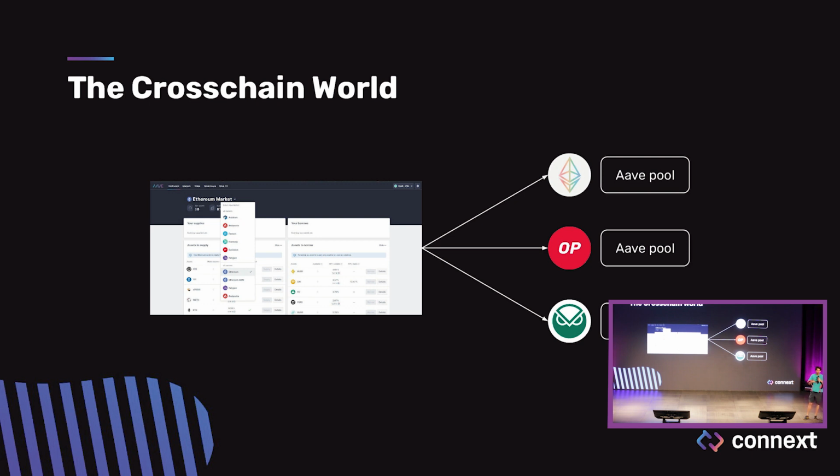And in the same vein, we want Aave to behave in a way where you're just interacting with the Aave application, and behind the scenes, you take care of this really weird cross-chain experience of needing to interact with multiple chains. So in other words, there needs to be a bigger separation between the underlying chain, the underlying settlement layers, or eventually even execution layers, rollups that you're building on top of, and then the application interface that the user is interacting with.